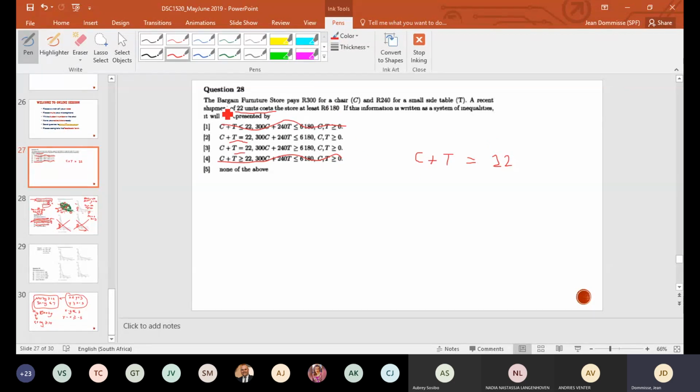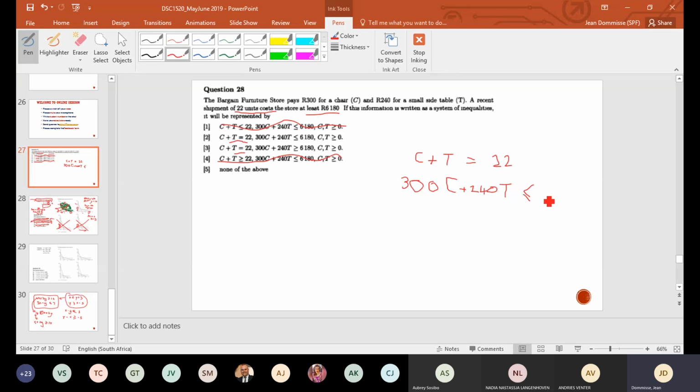Okay, so let's look at the other one. The bargain furniture store pays 300 Rand a chair and 240 for a table. And it costs the store at least 6108.